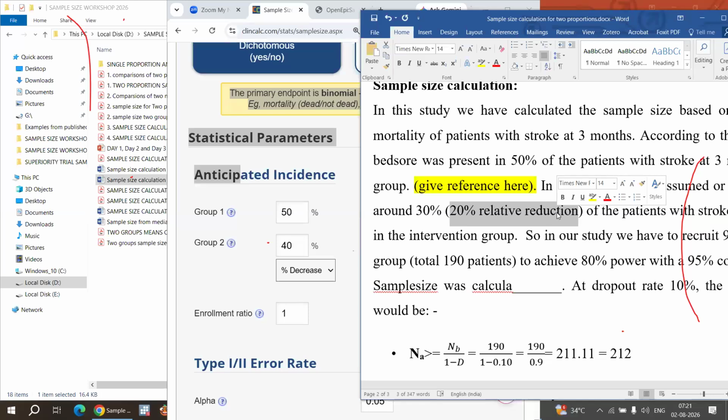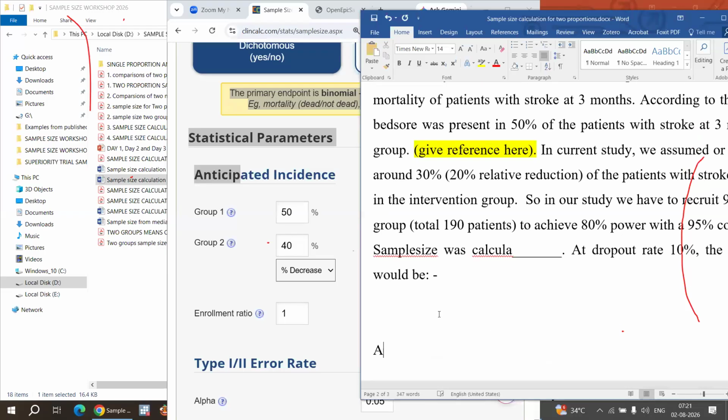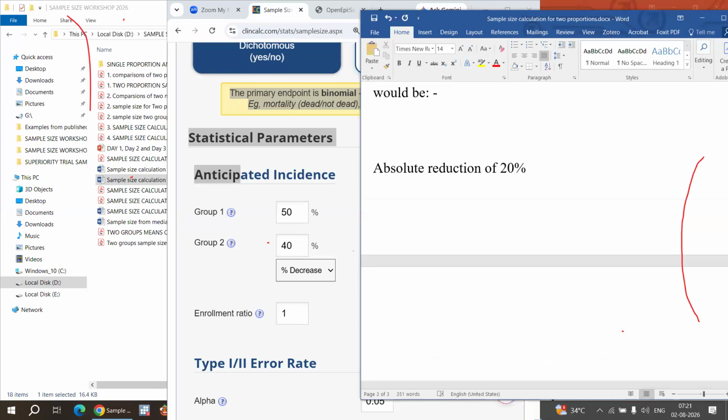It is necessary to differentiate between absolute reduction and relative reduction. So if it is an absolute reduction of 20%, in group 1 if it is 50%, absolute reduction means minus 20%. So what will the value be? It is coming to 30%.